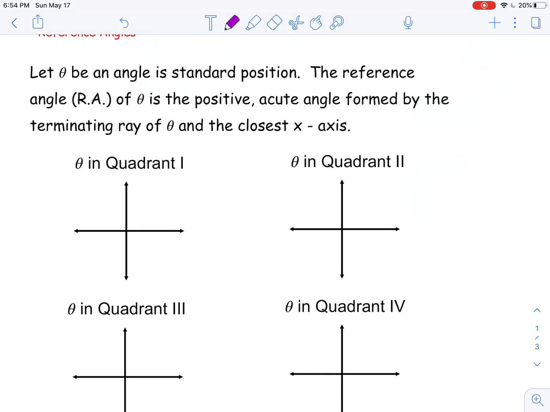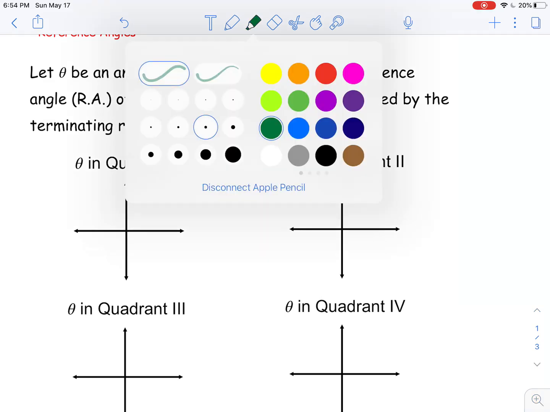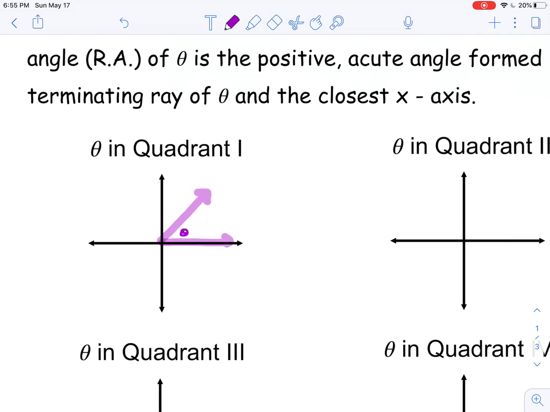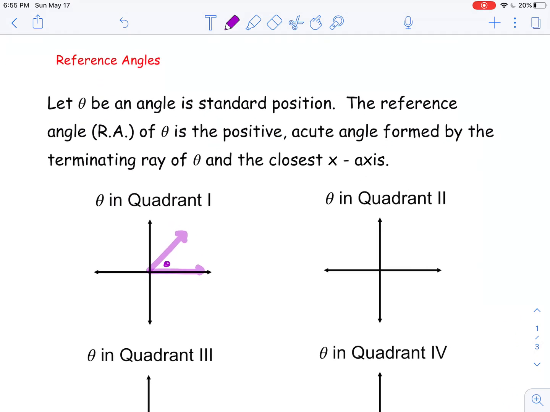So let me just kind of draw some angles for you to get an understanding. In the first quadrant, if I have an angle that's in the first quadrant, so this is my theta. It says the reference angle is the acute angle formed by the terminating ray and the closest x-axis. Well, the closest x-axis is the positive x-axis.